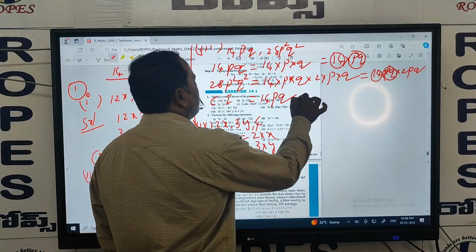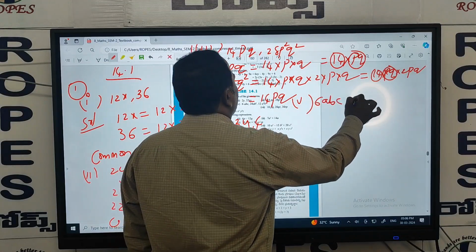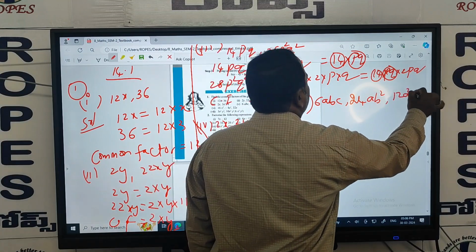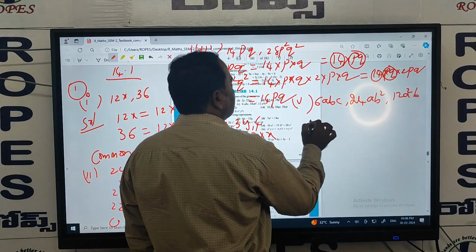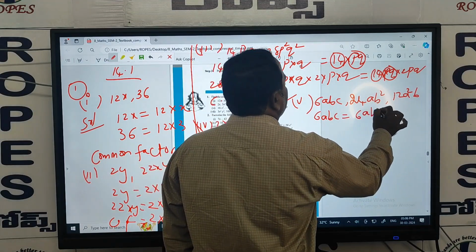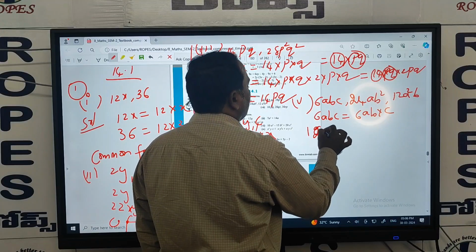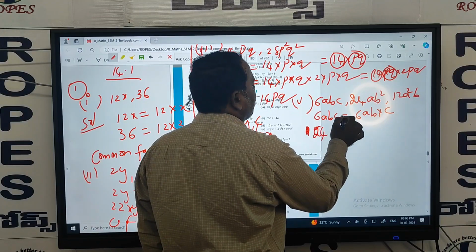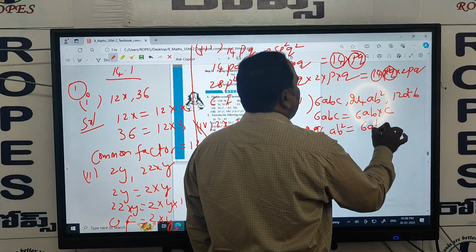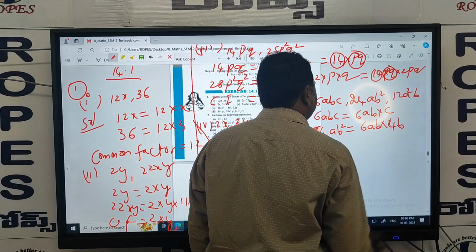And if you go to the fifth one, here the fifth one is 6abc, 24ab square, 12a square b. In this one, 6abc we can write as 6ab into c, and 24ab square we can write as 6ab into 4b.